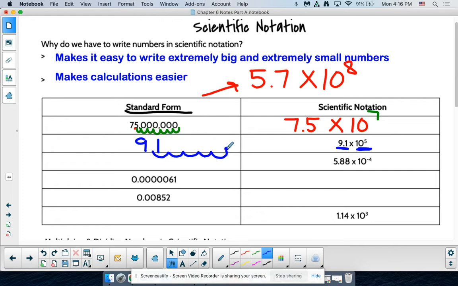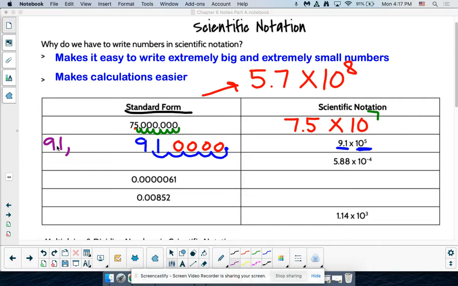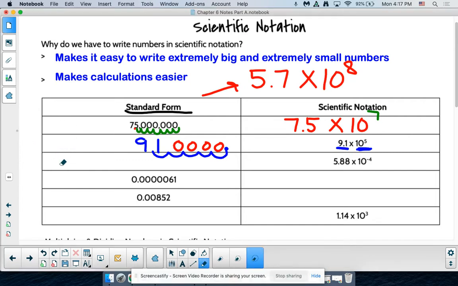That's my new decimal. And now I'm going to fill in all my loopies with zeros. So that's our new answer. And if you want to write it a little cleaner, it's 91,000. Excuse me, not even that big. It's bigger than that. Oops. 910,000 is our number. That's what that would look like.